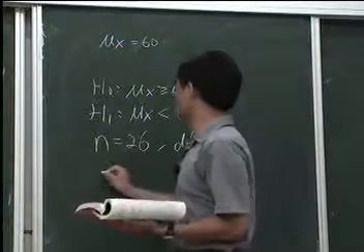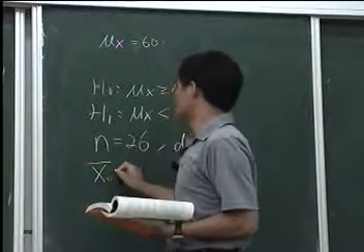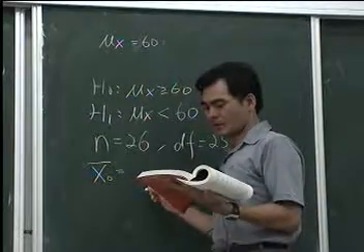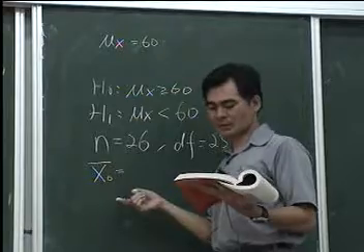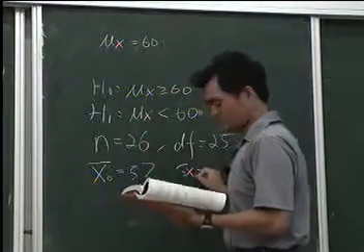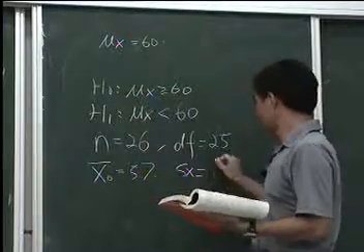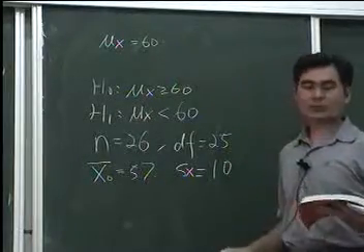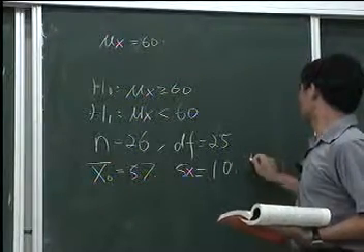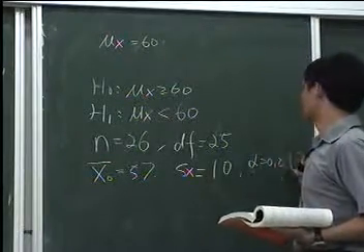The mean cost, that's X bar. They calculate the mean from the sample, they get 57, and the Sx, the standard deviation, is equal to 10. And we want to use a significance level, alpha, equal to 0.01.